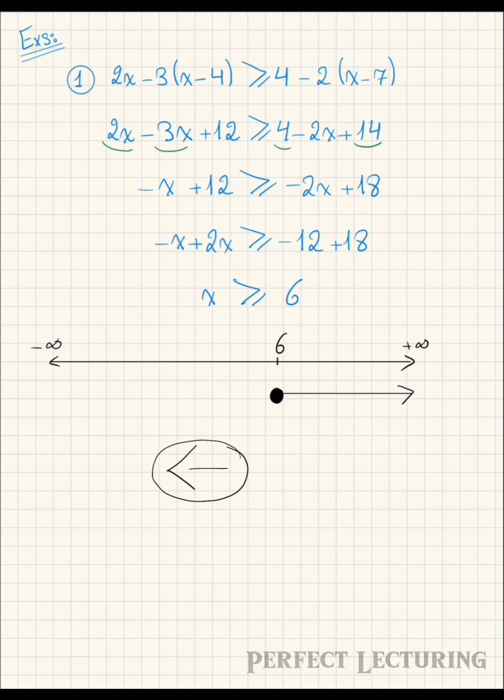So using this trick, you will never get confused with the direction of the arrow. Finally, we have to write the solution as an interval, so x takes all values starting at 6 up to positive infinity. This means that x belongs to the interval closed at 6 and of course open at positive infinity.